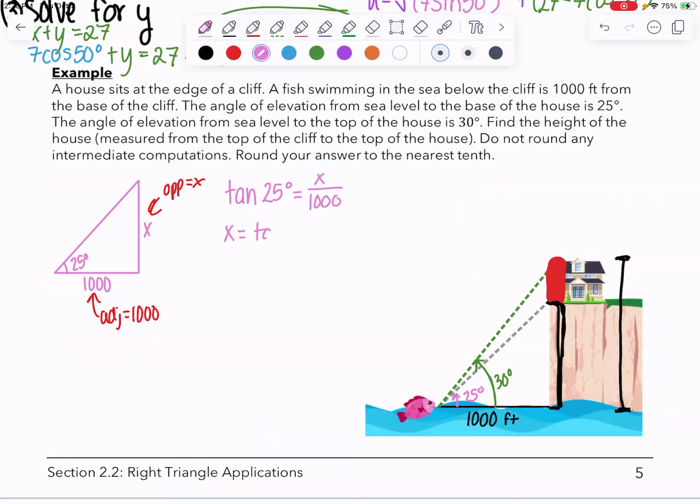X is equal to 1,000 tan of 25 degrees. Now, it says do not round any intermediate computations, so I'm going to leave that there for now. I know that that distance is 1,000 tan of 25 degrees right there. And it's hard to read, but that's what that distance is from here to here.